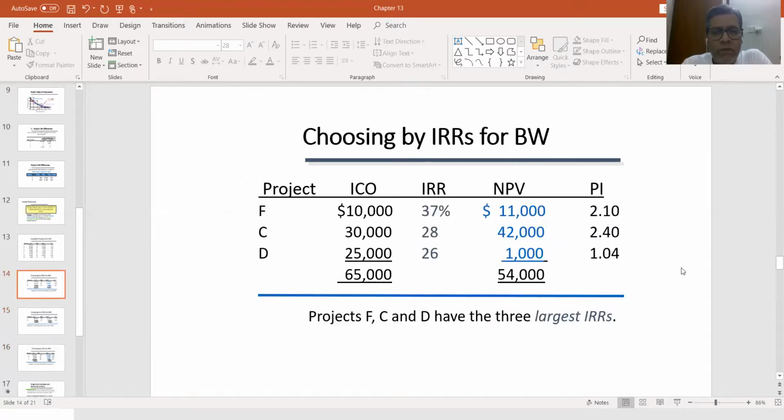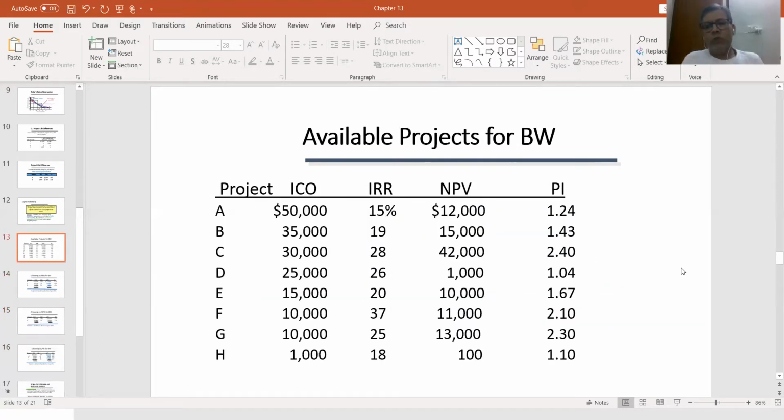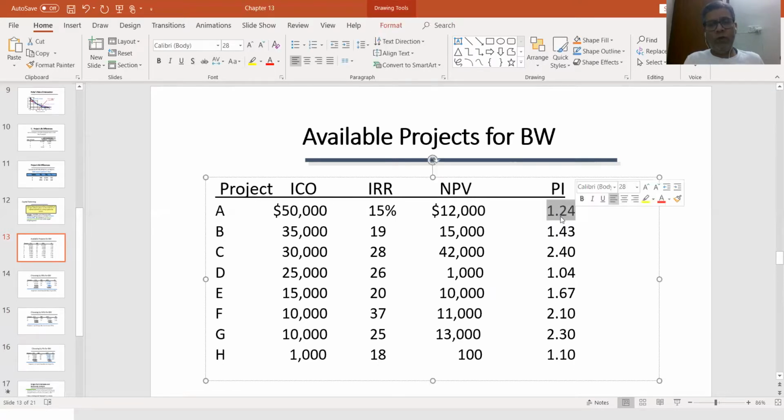And if we look at the profitability index, now we need to select those projects which have the highest PI. We know that a value of more than one shows profitability. A PI of 1.24 means that this project will be earning 24% return, and 1.43 means 43% return. This project is actually earning 140% return.